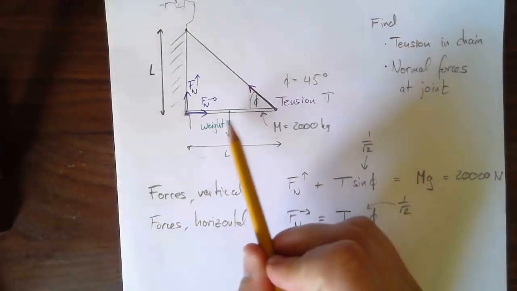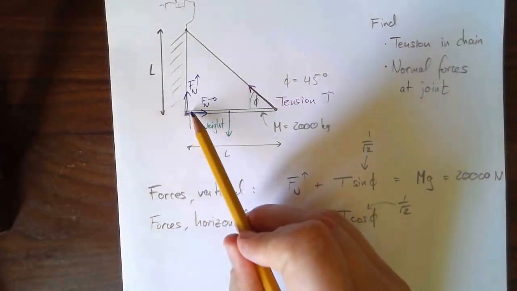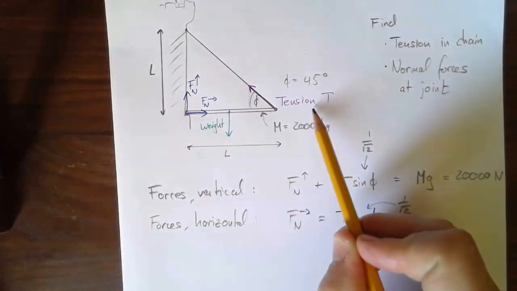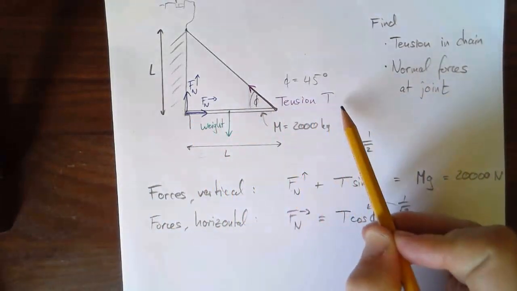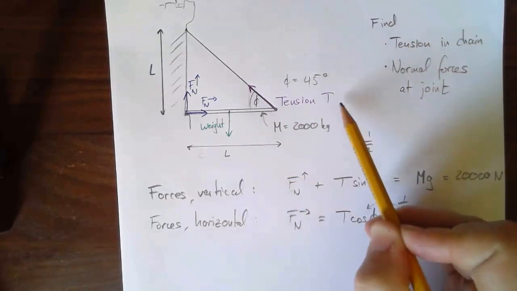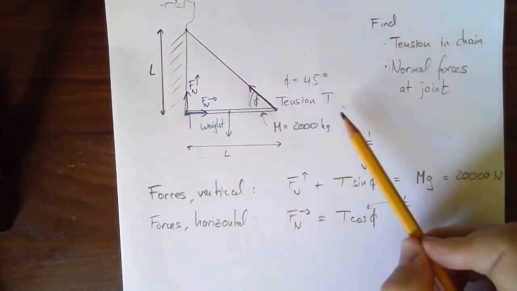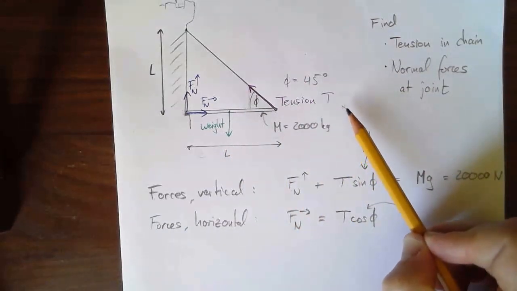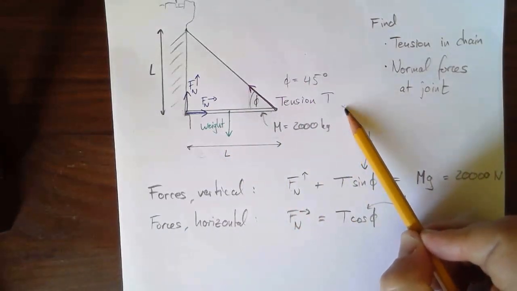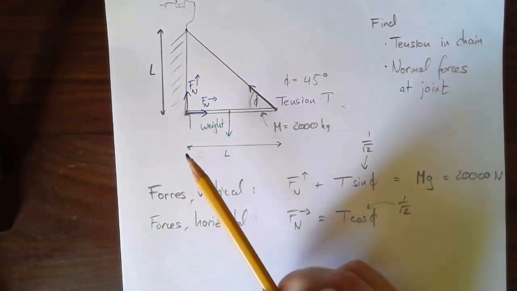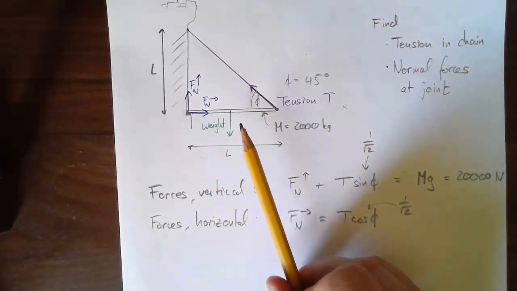Now I've got again lots of options here. I could pick any point along the bridge. I could even pick a point that's not part of the bridge, like out here. Torque around this point out here is going to be 0 because the bridge is not rotating around this point. It has no angular acceleration around this point. But of course we want to make our life as easy as possible.